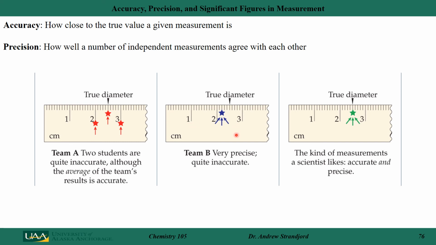If now I have another team of students who also measure the values, and all 3 of them come up with 2.3, these students are very precise because all of their measurements tend to be the same, but they're not quite as accurate, okay? Their values are different than the true value. If I look at another group of students and they all measure the same value, so they're very precise, and that value happens to be what the true value is, they're also very accurate.